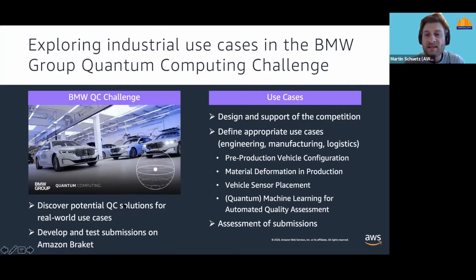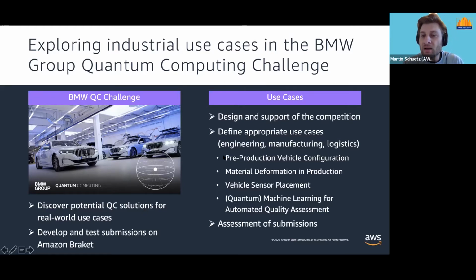We have helped them set up and design an open quantum computing challenge where everyone can participate. It's ongoing right now. So our participants can discover potential real-world use cases and then develop and test their solution strategies on Amazon Braket in a very hands-on way.